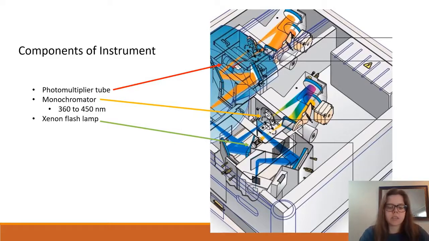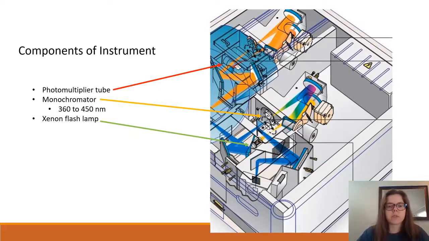And then after it goes through the cuvette, it goes through the monochromator, which is just the excitation and emission monochromators, and these basically just filter and sort what wavelengths can pass through the cuvette. In this case it was set to 360 nanometers to 450.